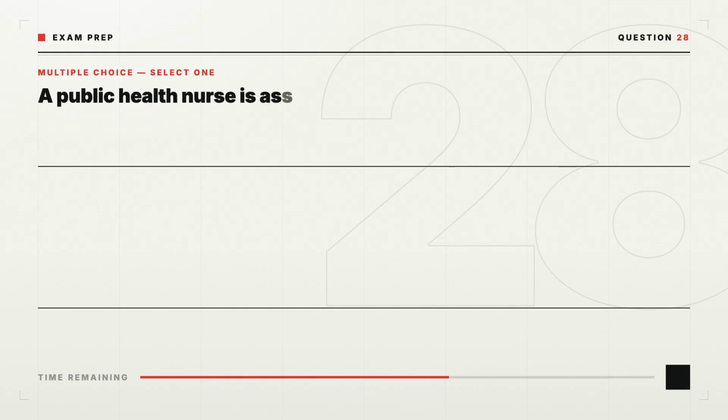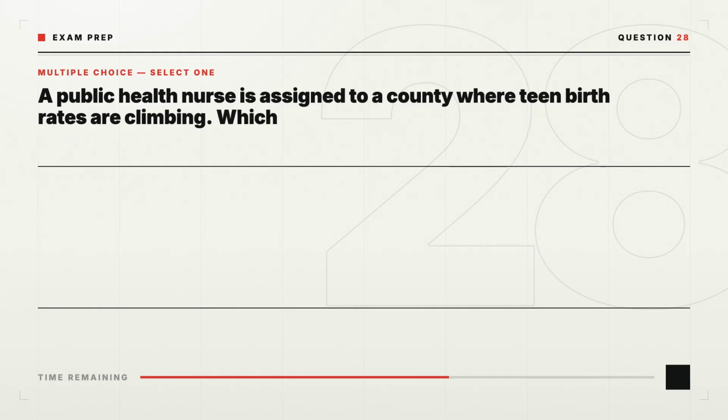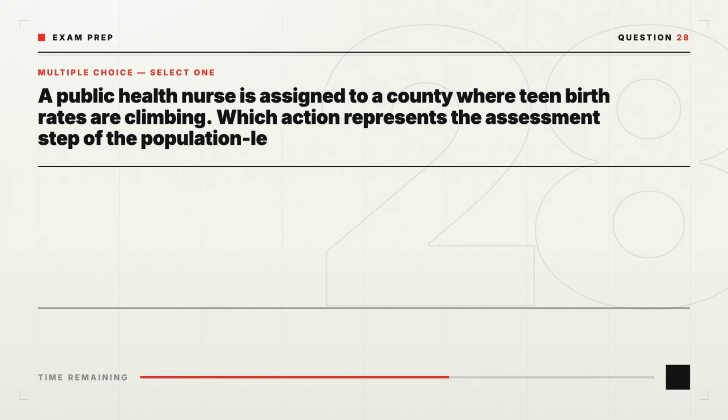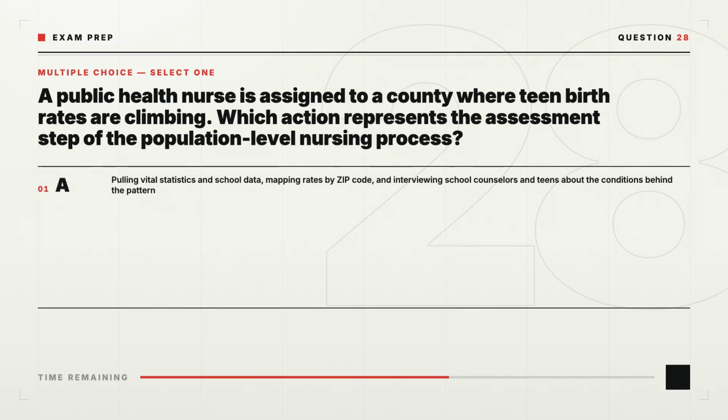Question 28. A public health nurse is assigned to a county where teen birth rates are climbing. Which action represents the assessment step of the population level nursing process? Your options are A. Pulling vital statistics and school data, mapping rates by zip code, and interviewing school counselors and teens about the conditions behind the pattern.